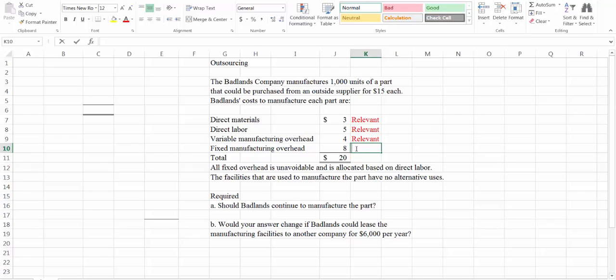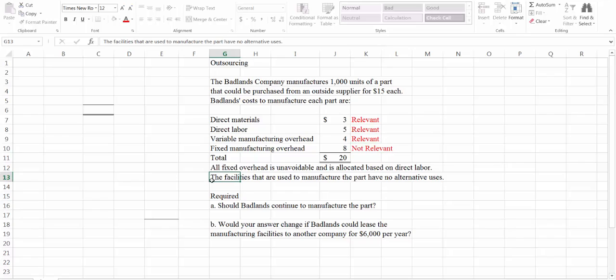So an unavoidable cost is not relevant. That's because the cost is going to be there no matter what decision we make. Okay, so we're not going to take a look at the fixed manufacturing overhead. All right, so what we want to find now is, for part A, our relevant costs to make the product.